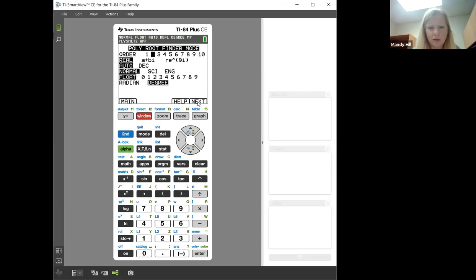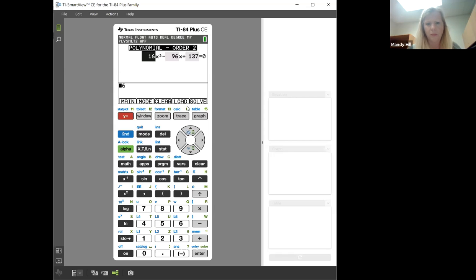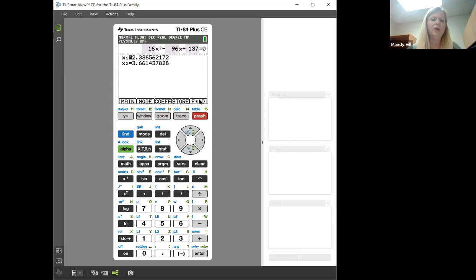That's okay. For some reason my app is not wanting to let me do it, but usually it does have a place where you can convert them back.